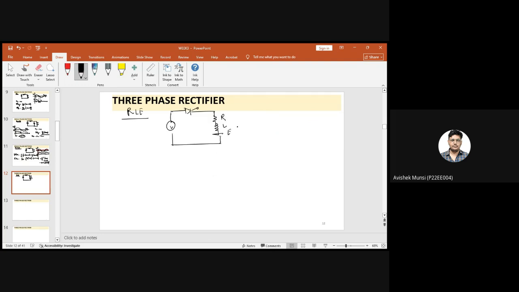RLE. So this is my E. So this is E. This is, suppose, alpha. It's theta.